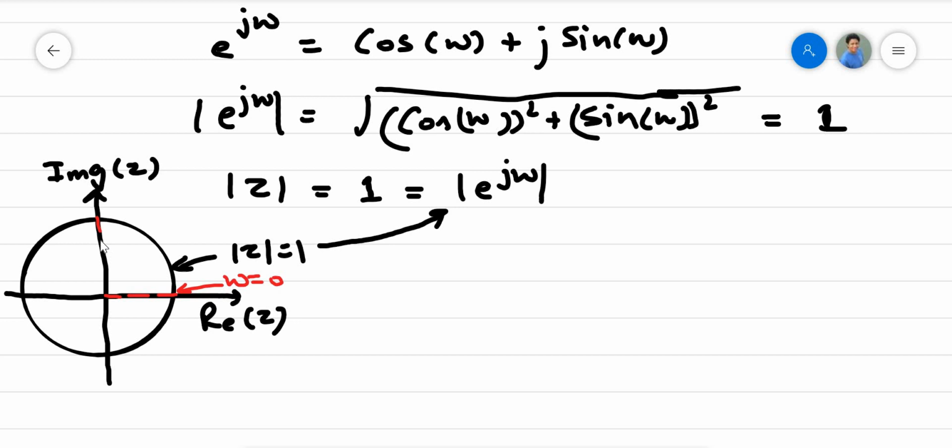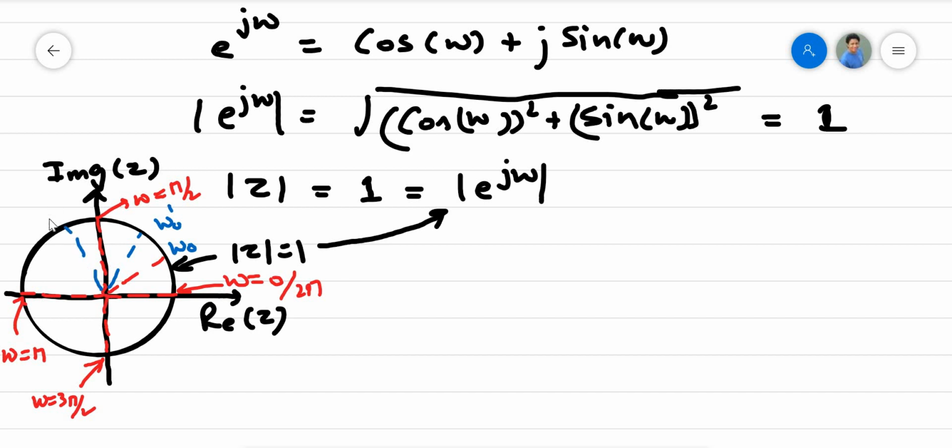At this particular point, omega is equal to pi by 2. At this particular point, omega is equal to pi. At this particular point, omega is equal to 3 pi by 2. And then again 0 or 2 pi.